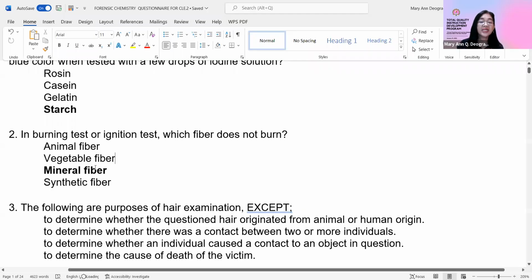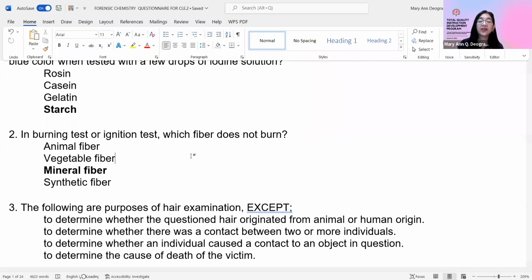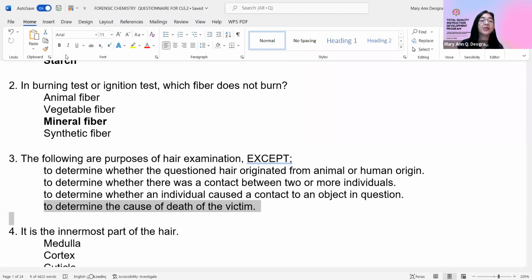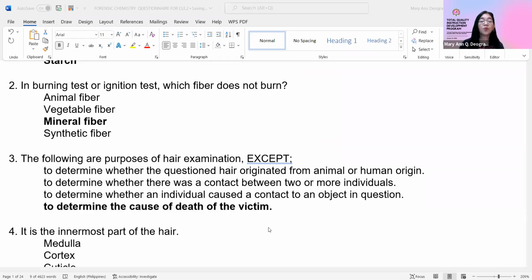Letter D is the answer. For letter A, through microscopic examination we can determine whether hair is of human or animal origin. For B, to determine whether there was a contact between two or more individuals, that happens in crime scenes, especially when there is a struggle between the victim and the suspect.